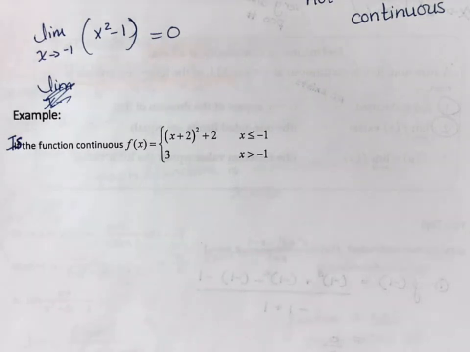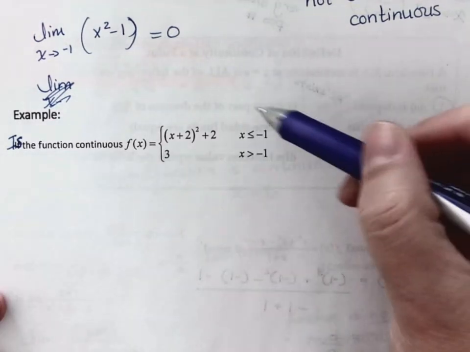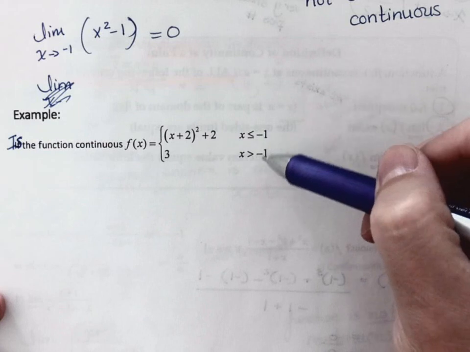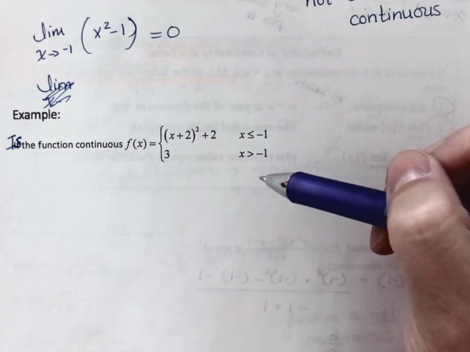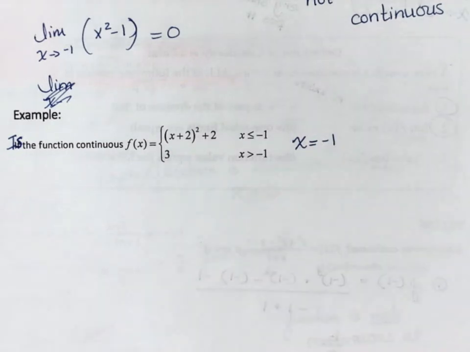Things that are happening at x equals -1 or around -1. That's a really good way to describe it. And I'm getting that -1 from this, because I know it's equal to -1 here. It's got to be greater than -1, but not equal to here. So I'm looking for something around that.